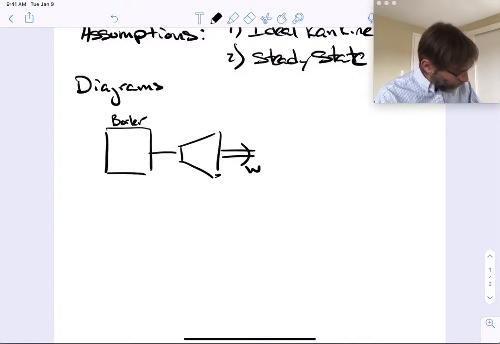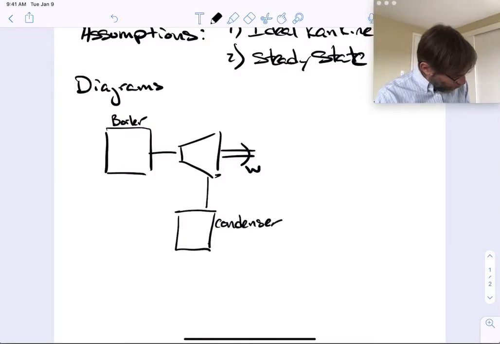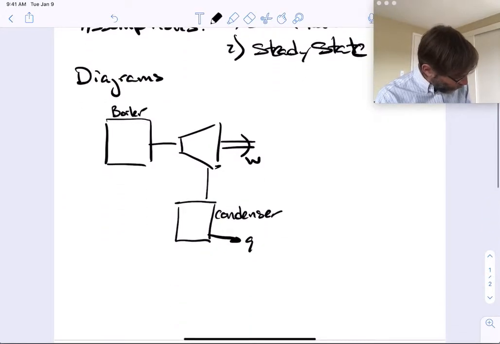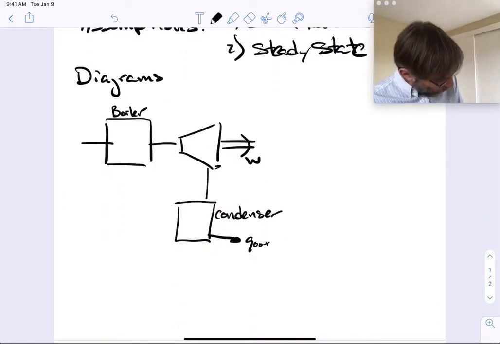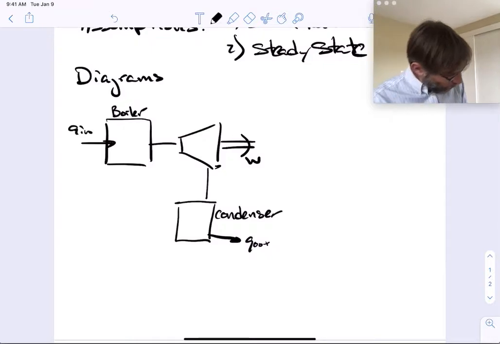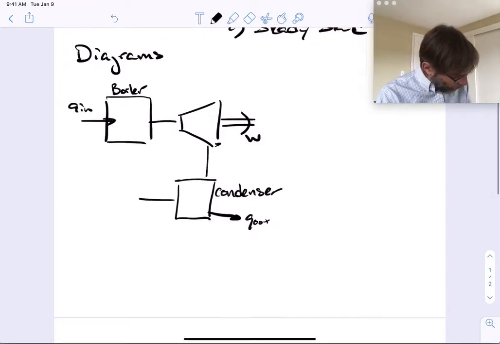We come out here and go to a condenser, from which we have Q out. And here we have Q in, and then we have a pump, which I'm going to use the universal symbol for.